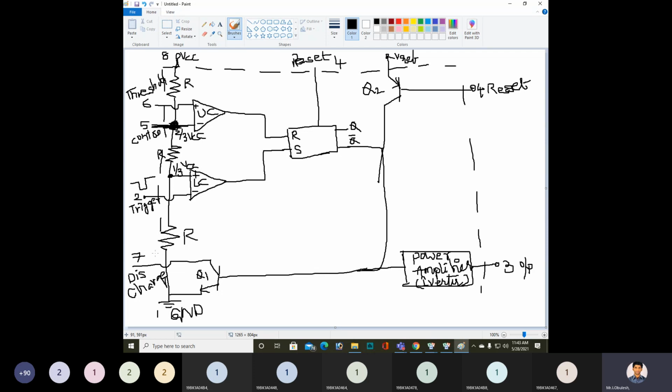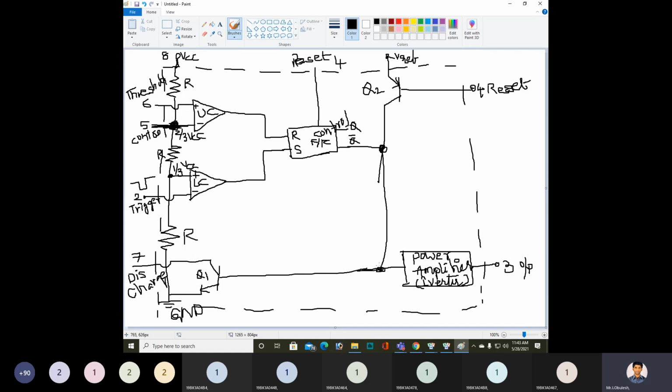This is the functional block diagram of IC 555 timer. These are the control flip-flops. Okay, up to the block diagram clear.